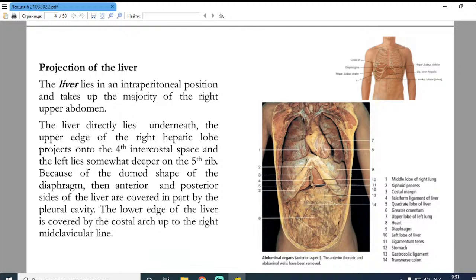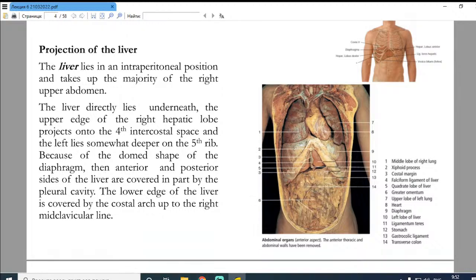The lower edge of the liver is covered by the costal arch up to the right mid-clavicular line. You see the liver and the diaphragm.